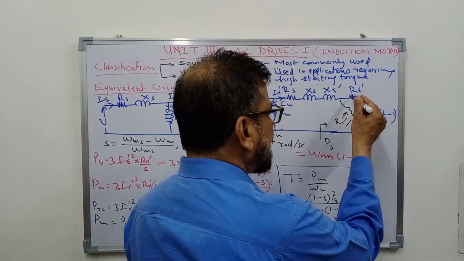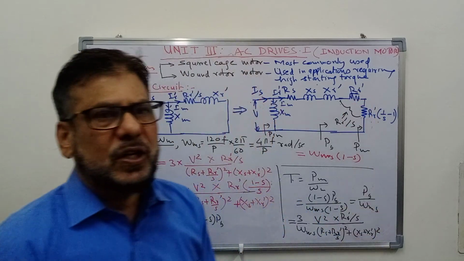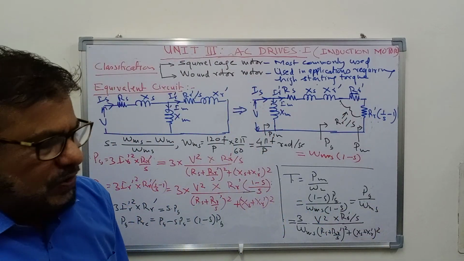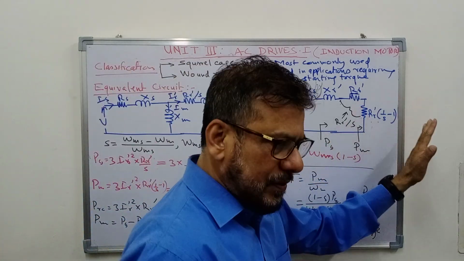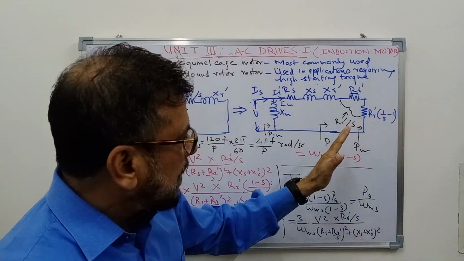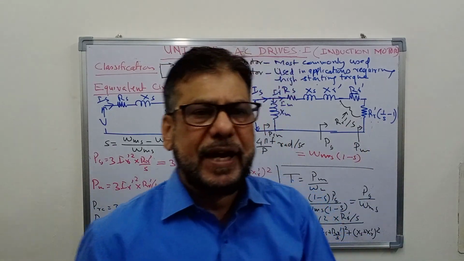So this RR dash shows the power loss in the rotor windings, and the remaining power is available at the output in the form of mechanical power.